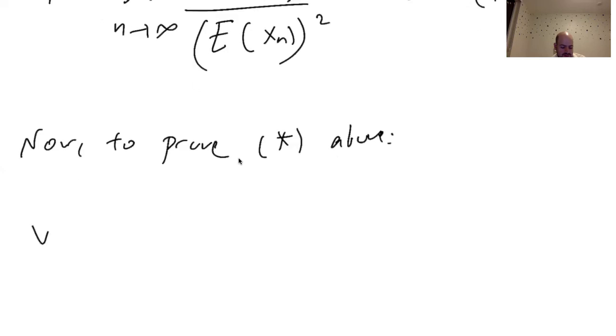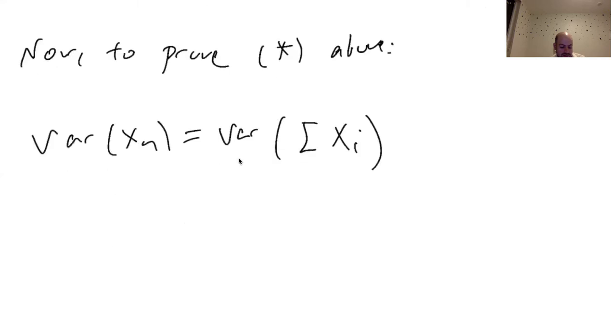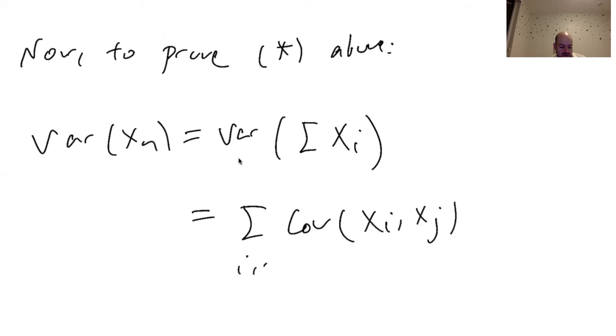So what is the variance of x_n? What was x_n? It was the sum of x_i. The variance of the sum of x_i means the sum of covariance of x_i x_j, with the sum over i and j. Again, if you remember, if I put the extra condition that i is not equal to j, then I need to add the variance of individual terms to this sum in order to get the variance of the sum.